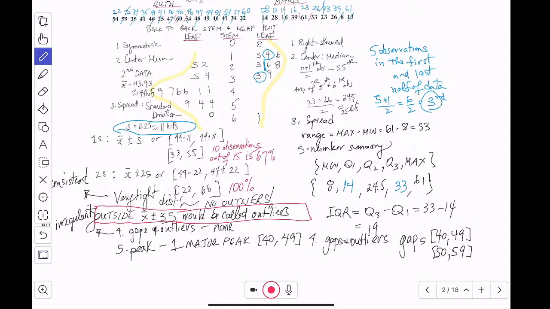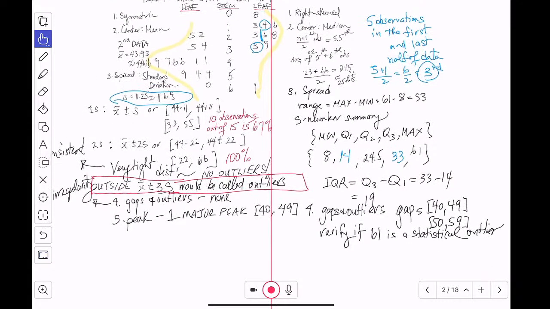I'm going to put gaps, and then verify if 61 is a statistical outlier. How do we verify that?